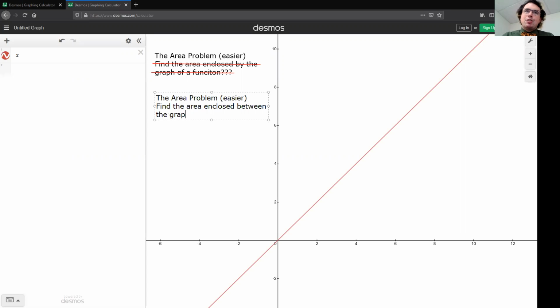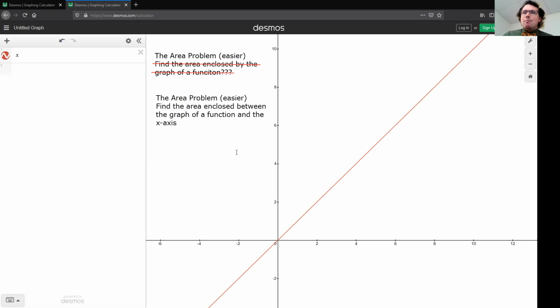Well, I would need to have some sort of other bound here. So let's look at the area between the graph of a function and the x-axis. Why the x-axis? Because it's there, because it's easy.